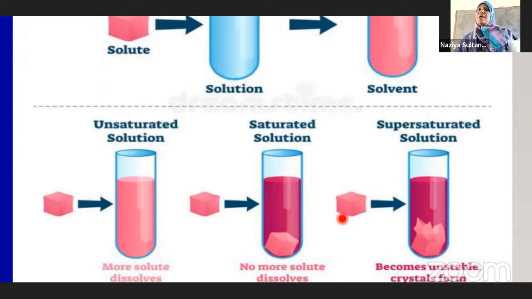Another important thing I would like to say here is that a saturated solution can be converted into unsaturated by two methods: either by increasing the temperature or by adding some more solvent. So when we add more solvent or increase the temperature, the saturated solution becomes unsaturated.